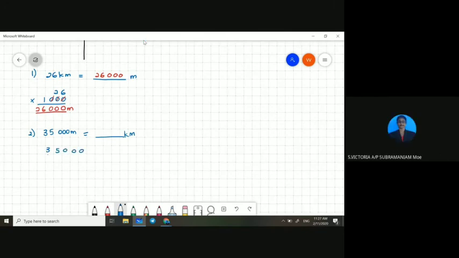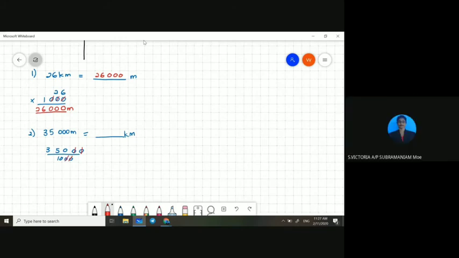Okay, 35,000 you divide with 1,000. Already taught you, right? When you write the question instruction format, it is automatically shown as division. So this line is right. You can see the pair. You got one pair, so we can cut the zeros. One more pair, so we can cut the zeros.